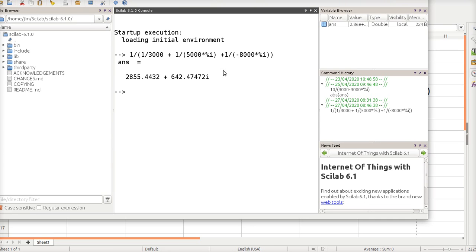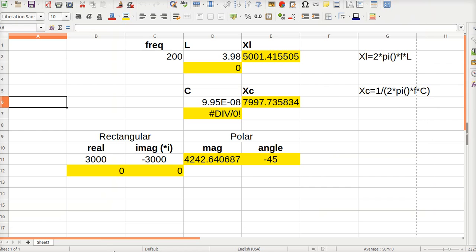I just have never seen that. It's always been one of those you have to crunch, and you have to crunch it correctly. So I'm 2855 plus 642I. If I want to know what that is in polar, or if you did it on a calculator, we can convert, because we have set that up before.